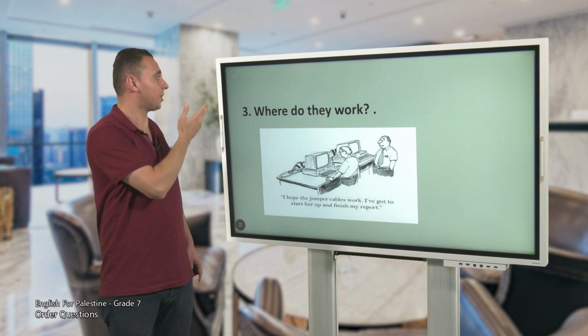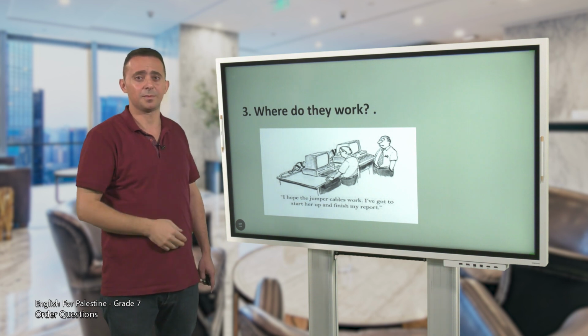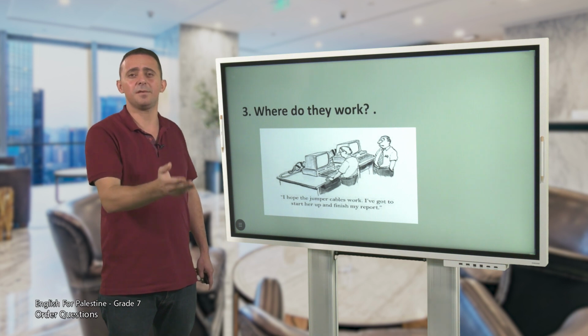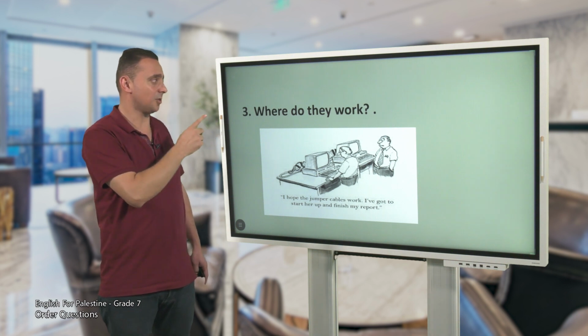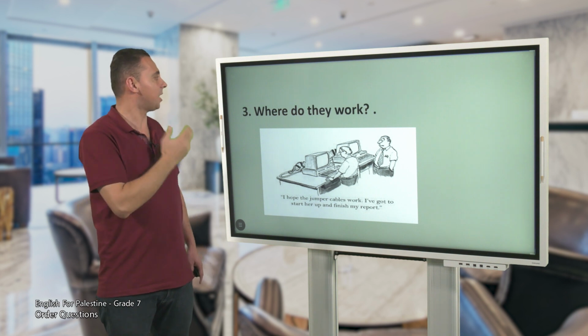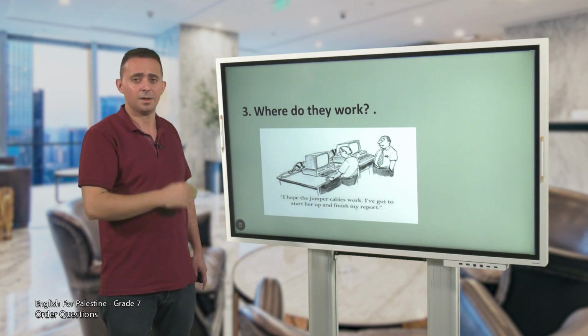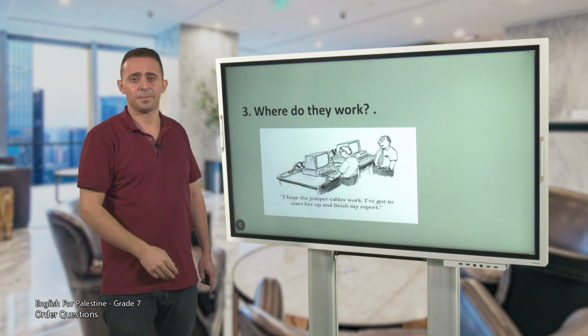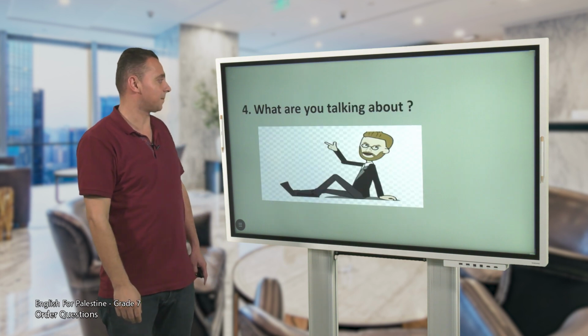And after where we have the auxiliary verb do, and then the subject they. And work is the main verb. And at the end, of course, we have a question mark. To become, where do they work? And this is a WH question. Let's move to the next example.